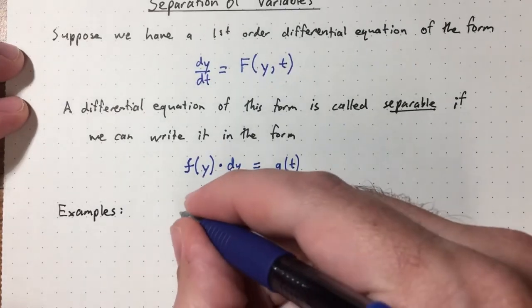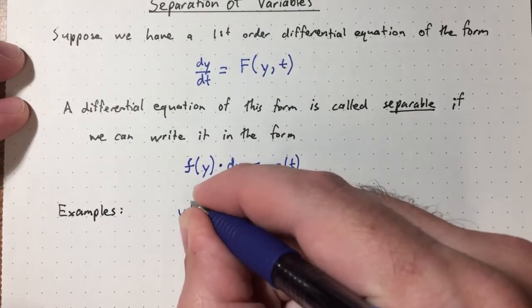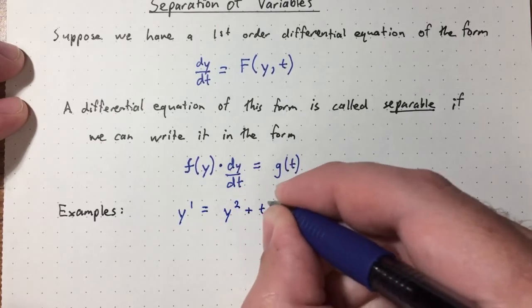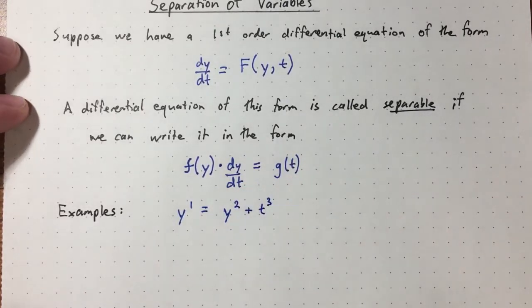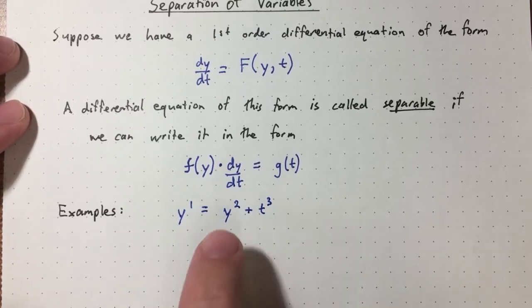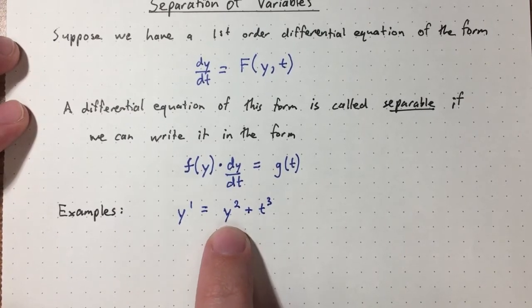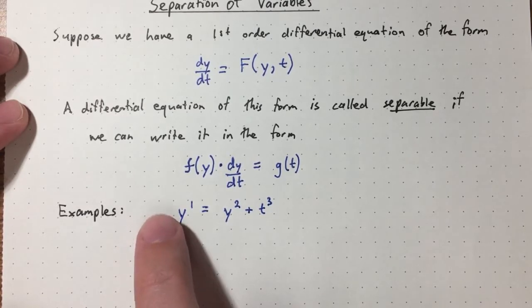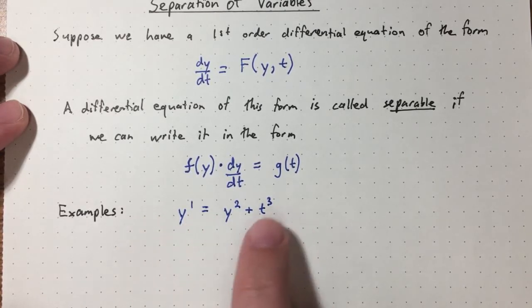For the first example, let's do y prime equals y squared plus t cubed. So is that separable? Well, if we move this y squared over to this side by subtracting it, then we have a function of y plus y prime equals some function of t.